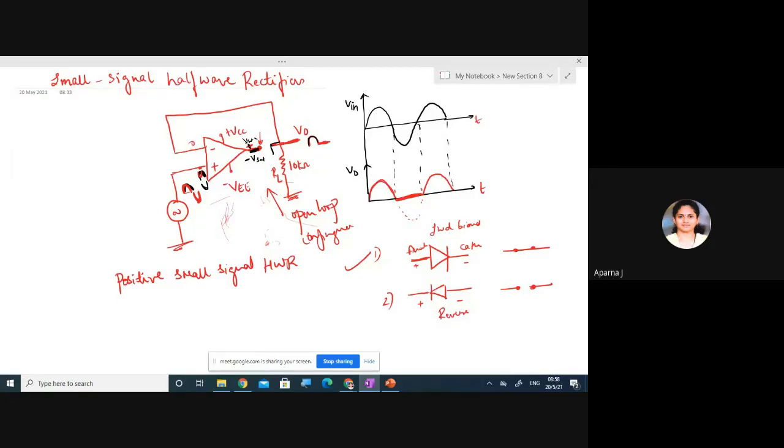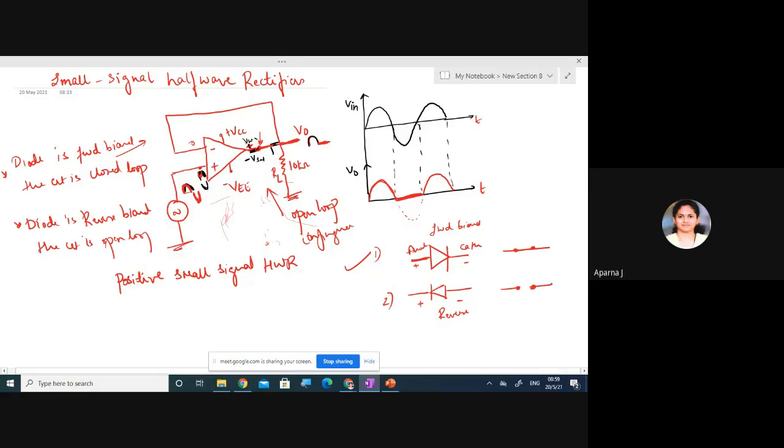But when the diode is conducting, there is a short circuit, and this is closed loop configuration. So when the diode is forward biased, the circuit is in closed loop configuration, whereas when the diode is reverse biased, the circuit is in open loop configuration.